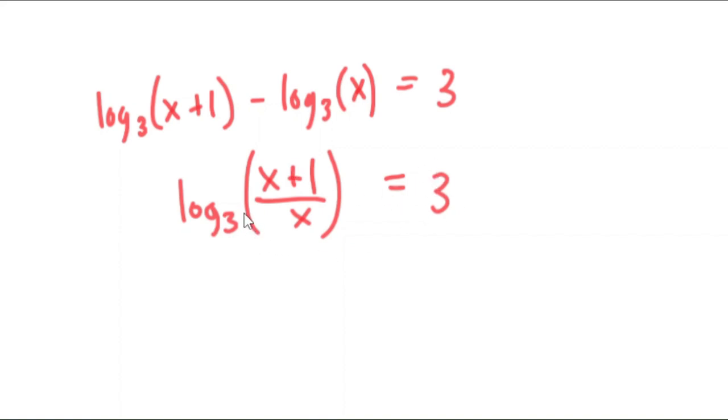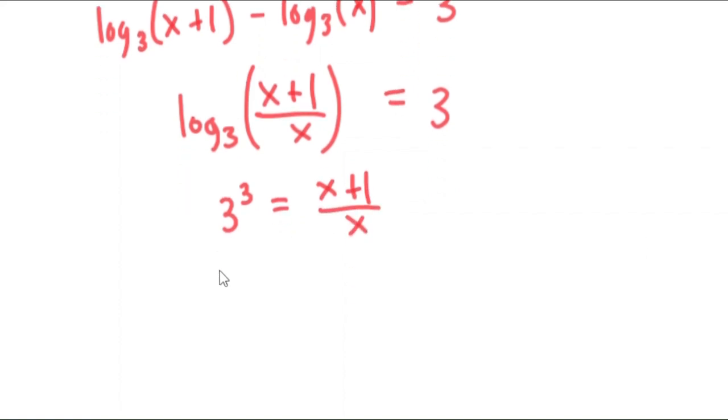So we can rewrite it as this to this power equals this. So we have 3 cubed is equal to x plus 1 over x. Or in other words, 27, that's what 3 cubed is. By the way, 3 cubed is not 9, that'd be 3 squared. 3 cubed is 3 times 3 times 3, which is 27, equals x plus 1 over x.